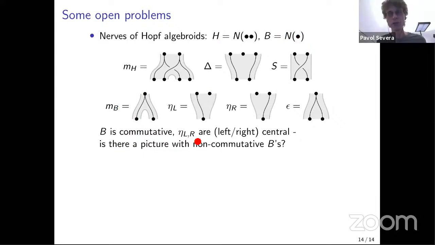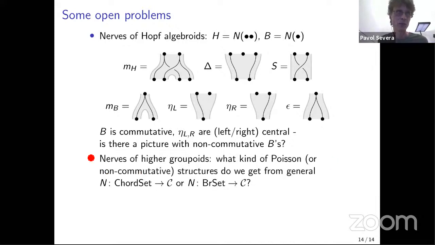So one interesting question is whether one can modify this stuff to get true Hopf algebroids. Maybe there is a hope coming from when we replace this Chern-Simons theory with the Courant sigma model.